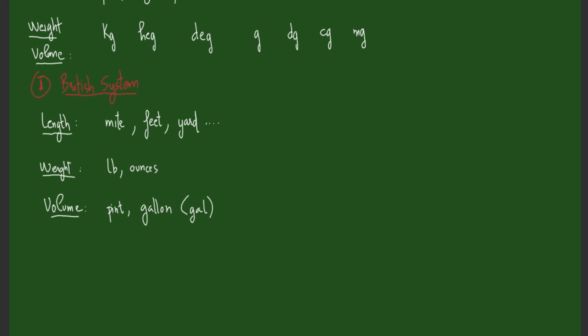It could be centimeter cube, meter cube, something like that. It's a cube. So a kilometer cube, meter cube, centimeter cube, millimeter cube. But the most popular you often see is centimeter cube, millimeter cube. Sometimes we also call it liter.